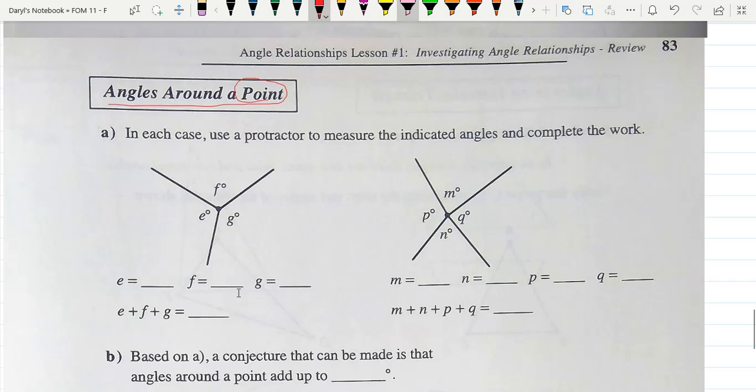So F: how would you measure this angle F here? Angle F is just the angle from here to here. You also try to measure this angle E. Angle E is only from here to where angle F ends. So that would be your angle E.